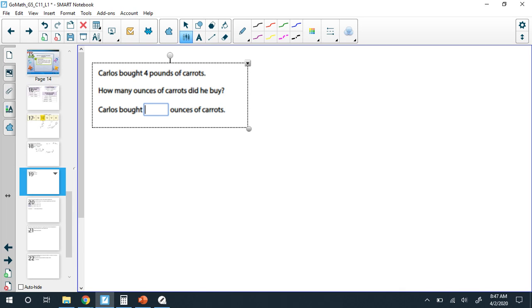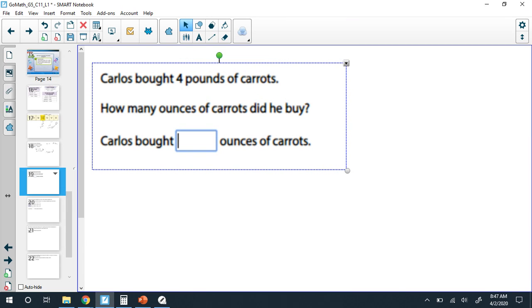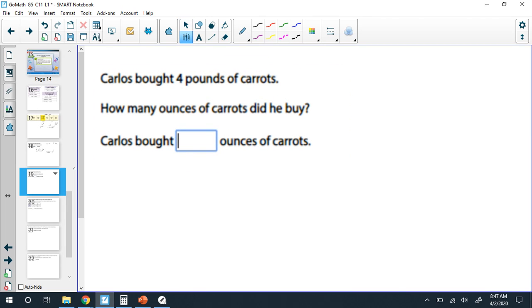All right, here Carlos bought 4 pounds of carrots. The question is, how many ounces of carrots did he buy? We are going from pounds, which is a large unit, to ounces, which is a smaller unit. If we have 4 pounds, we need to know that 1 pound is the same as 16 ounces.